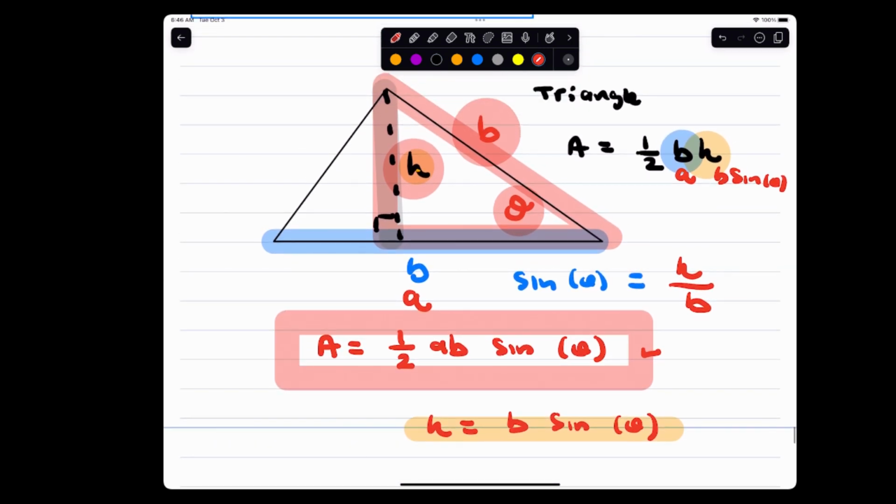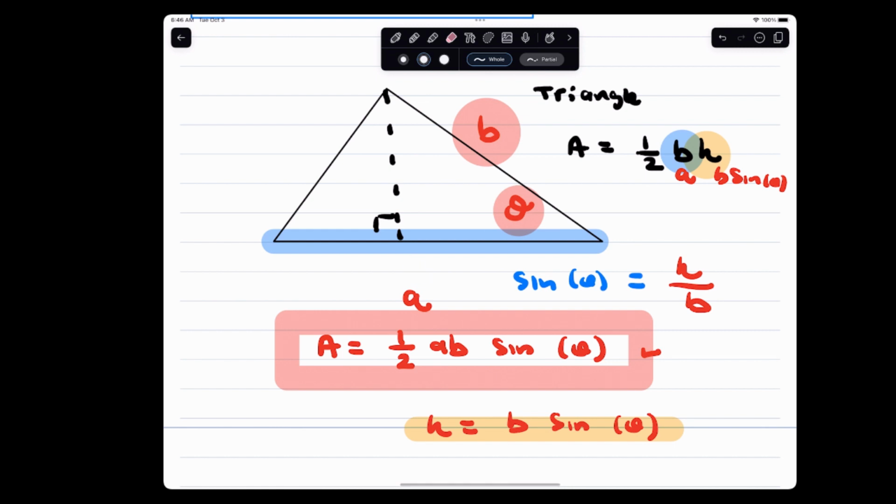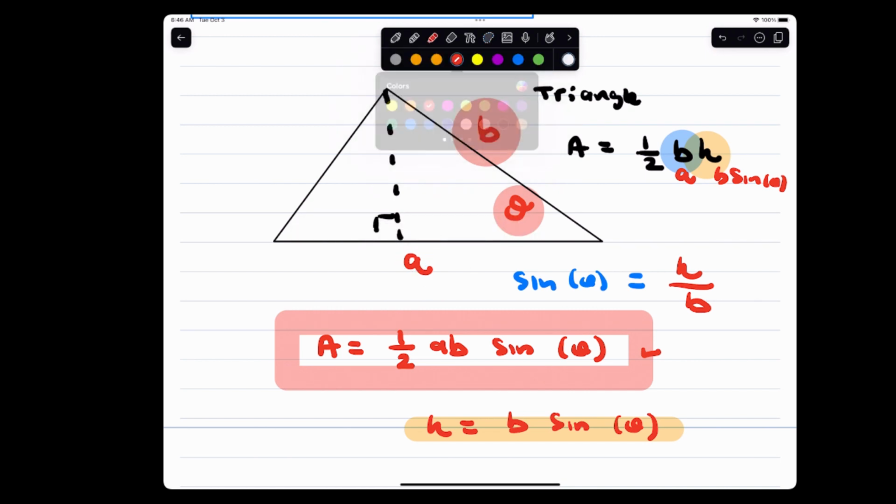So what I want to remark, though, is this is what we've shown. So now you can find the area. This is going to be a big deal for us in our future.